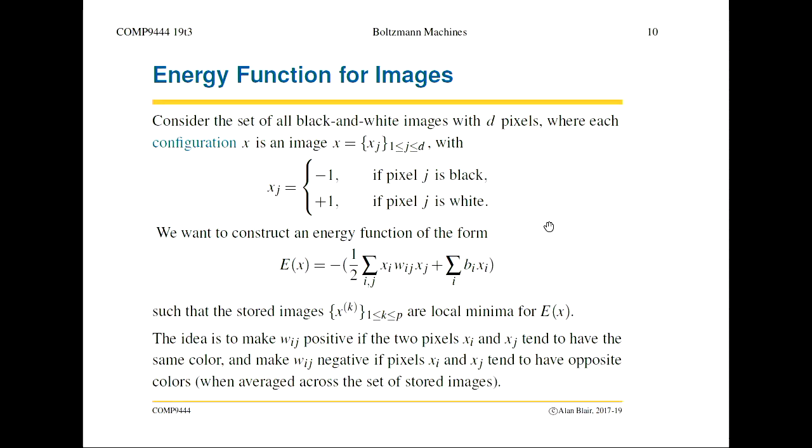If pixels xi and xj are the same colour, then we subtract wij from the energy, and if they're opposite colours, we add wij to the energy. And the reason for the 1/2, well, in principle, wij could be different from wji, but normally, to ensure good behaviour of the model, we assume that it's symmetric.